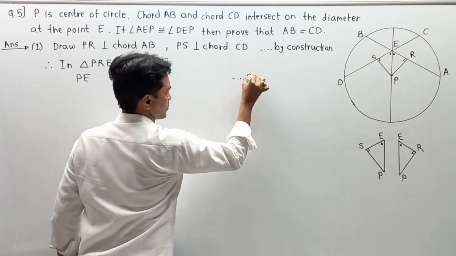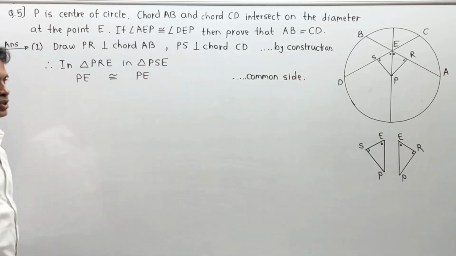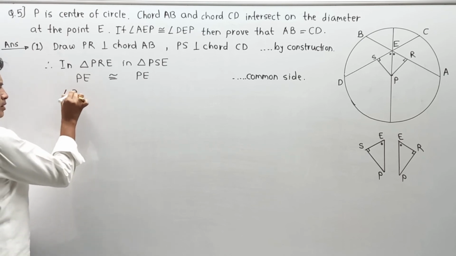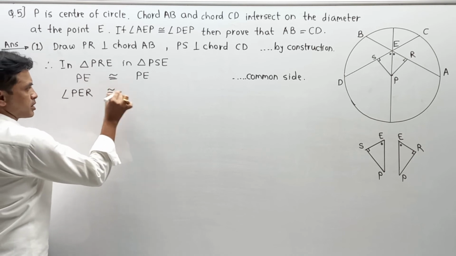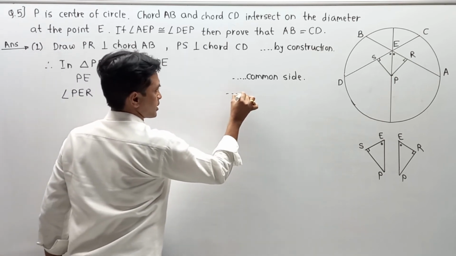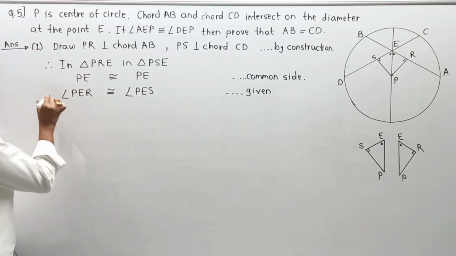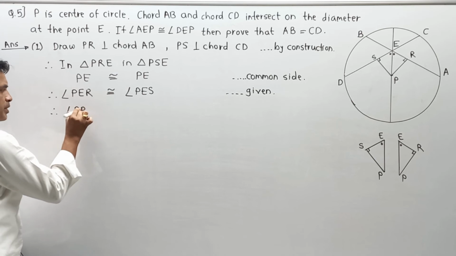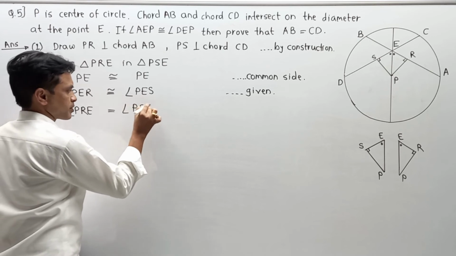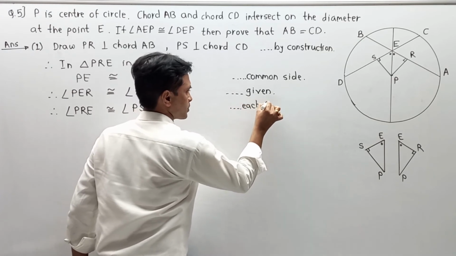Next, angle PER is congruent to angle PES, given. And angle PRE is equal to angle PSE, each 90 degrees, by construction.